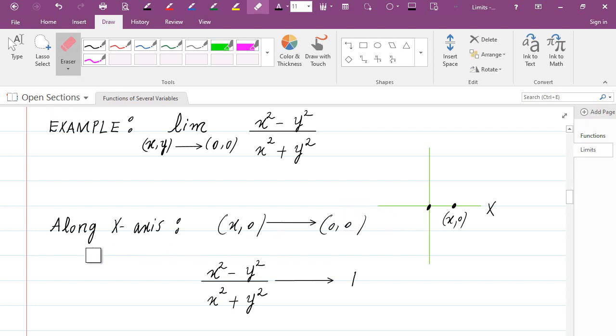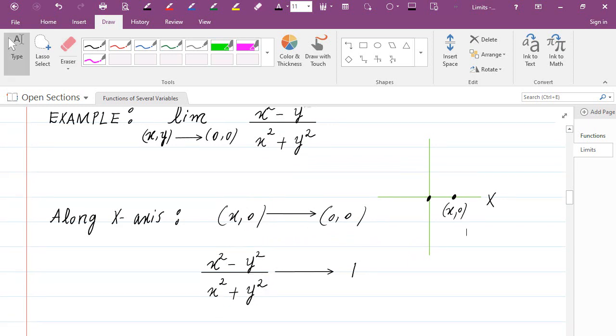On the x-axis, y is 0, so the value of the function is x squared divided by x squared, which is 1. So as we approach (0, 0) along the x-axis, the limit of the function is 1.